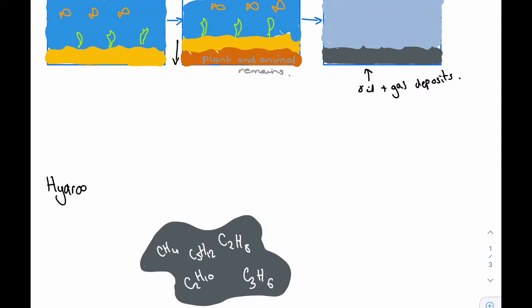So crude oil is a mixture of molecules, but they are mainly called hydrocarbons.